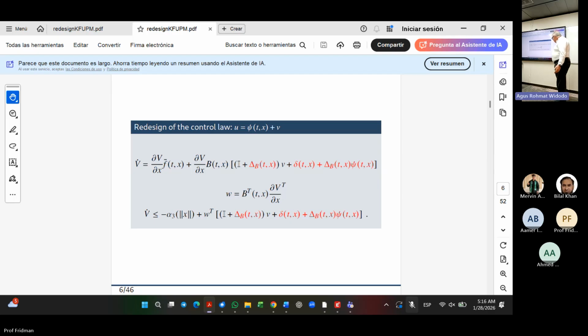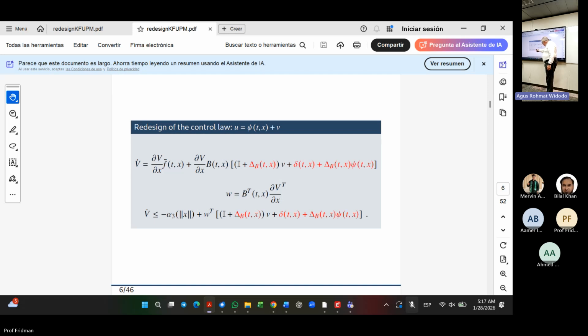So what we have to do is the following. That's the style in which the team of Professor Leitmann was thinking. They were telling, okay, guys, what do we need? We need to ensure that this term can be neglected.